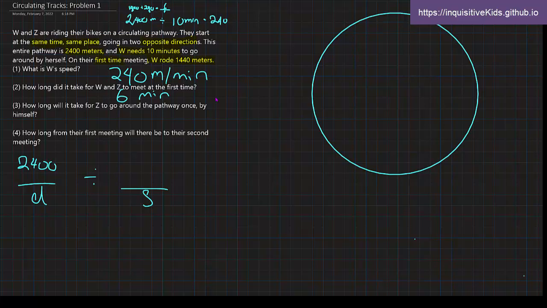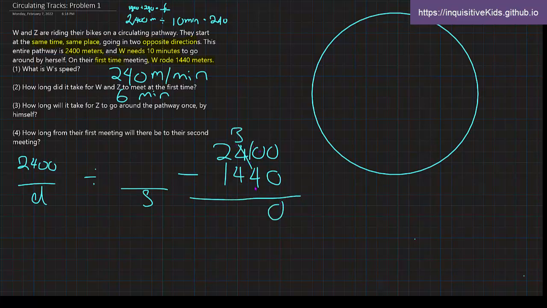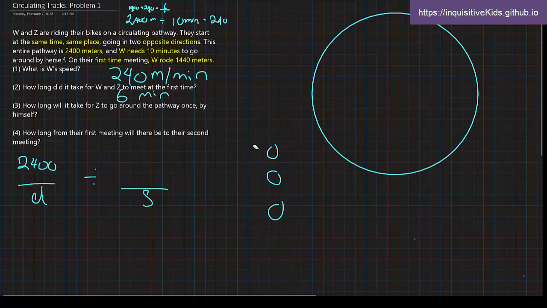Out of the 2,400 meters on the pathway, W herself rode 1,440 meters. To find how much Z rode, we just have to subtract that. So 2,400 minus 1,440: one's place 0, this becomes a 3, this becomes a 6, and this becomes a 9. So 960 meters.